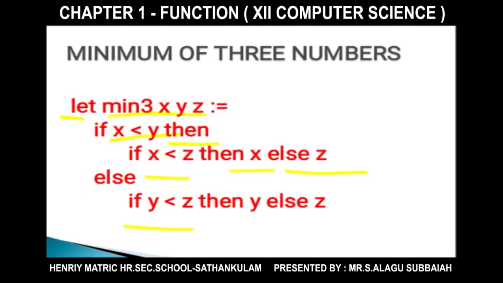If y is also less than z, then we can return y as the final output. Suppose the if statement is false, we can return z as the final output. So we are finding the minimum of three numbers, that is x, y, z.